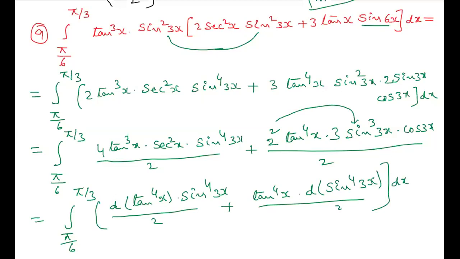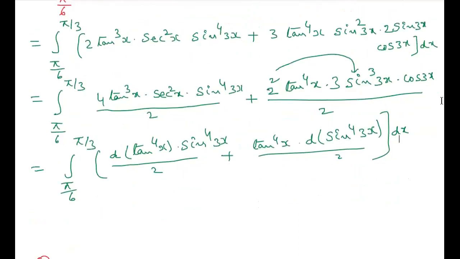Next, again observe, take 1/2 outside, integration from 5π/6 to 5π/3. Here the derivative of tan⁴x into sin⁴3x is tan⁴x into the derivative of sin⁴3x, and I think the UV rule is applied here, u into v.